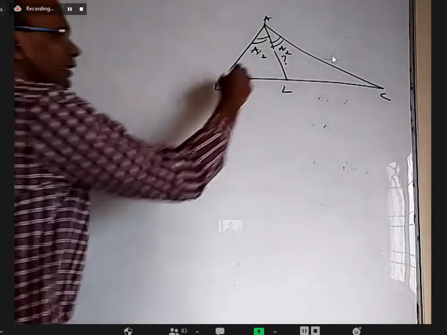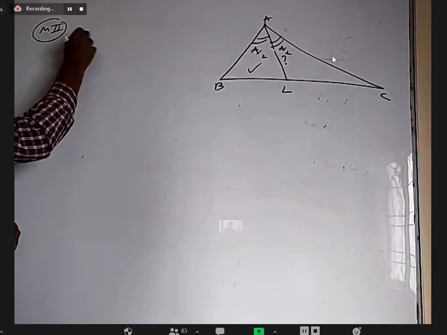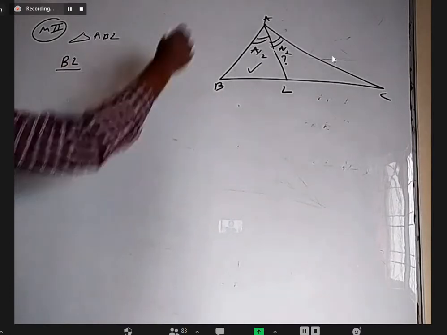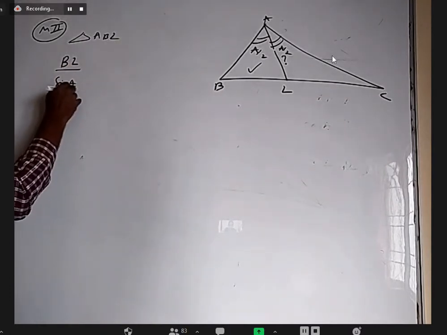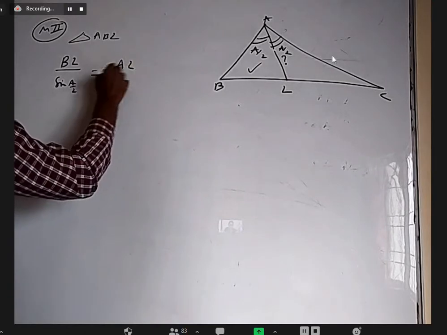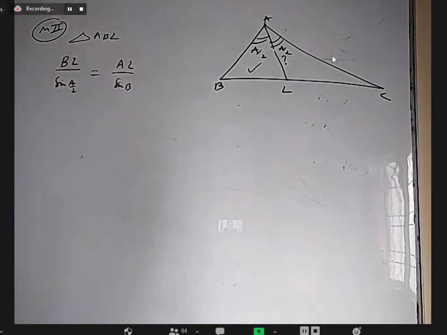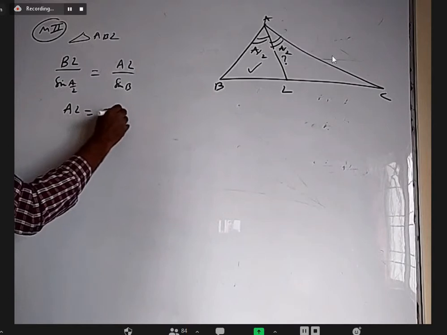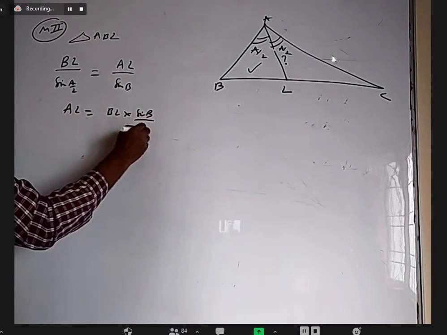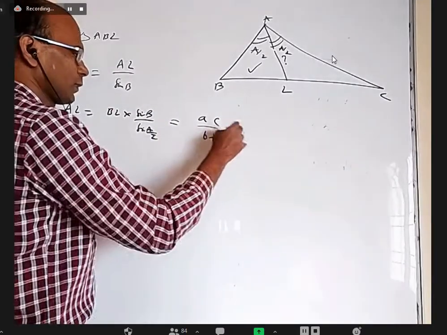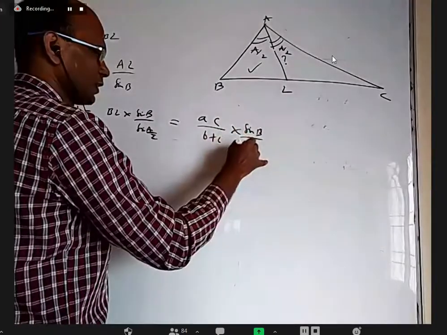Method 2, I think I can apply the sine rule. You take triangle ABL and apply the sine rule. BL by the opposite angle, sine A by 2, is equal to AL by the opposite angle, sine B. We want BL length. BL length we got is ac by b plus c into sine B by sine A by 2.